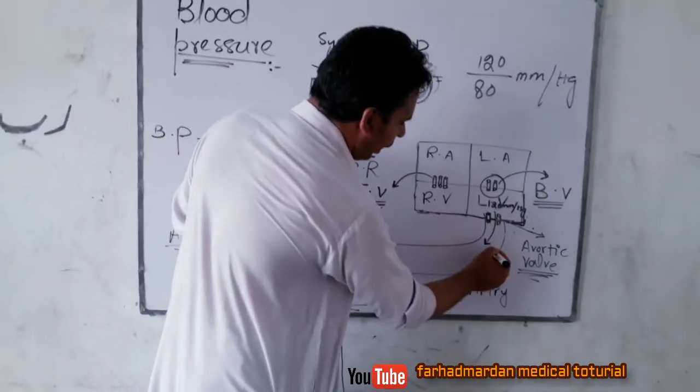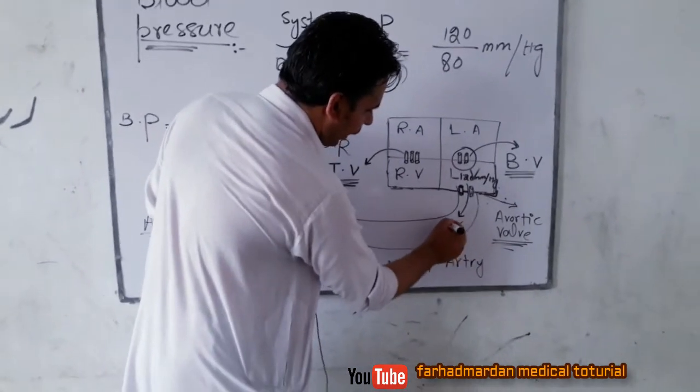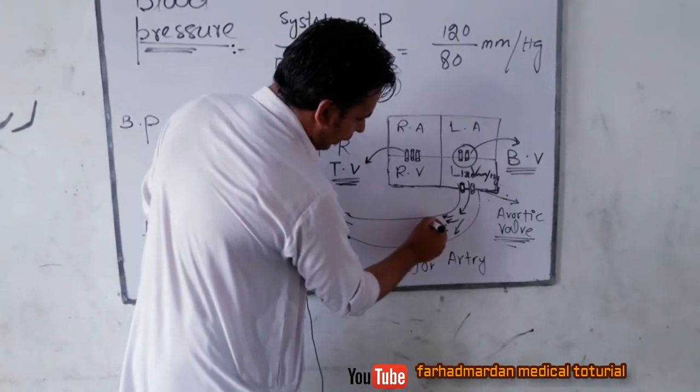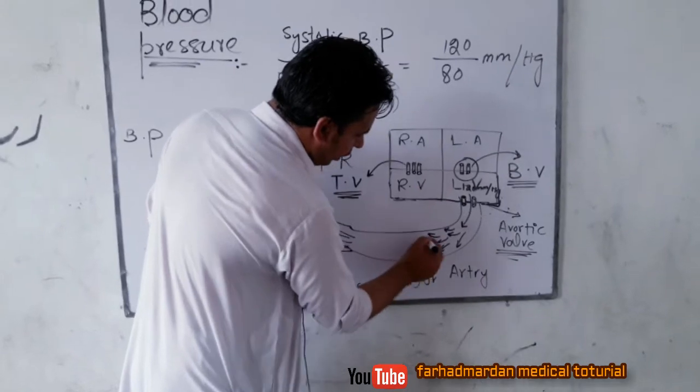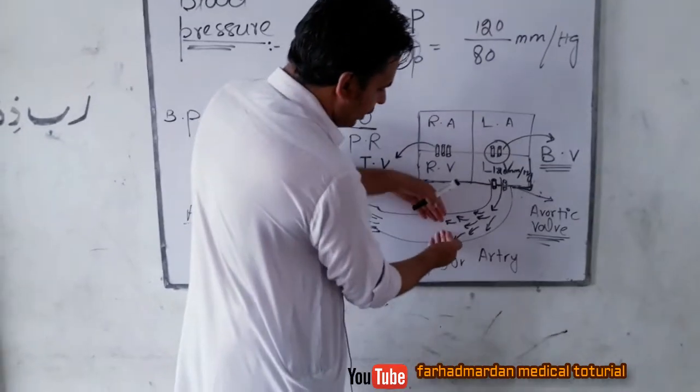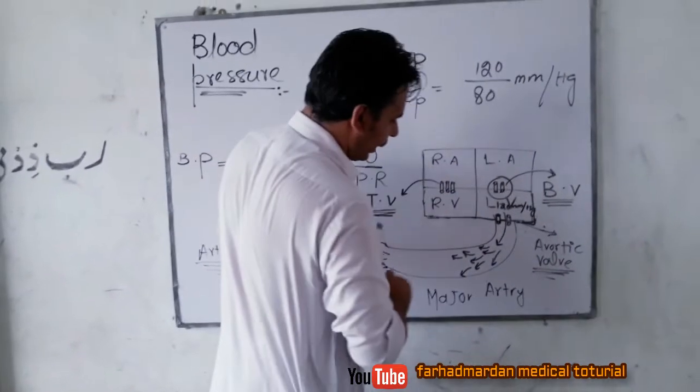The blood will come here and spread in different directions and move in it, and that will stretch the wall. That blood will stretch these blood vessel walls in this direction.